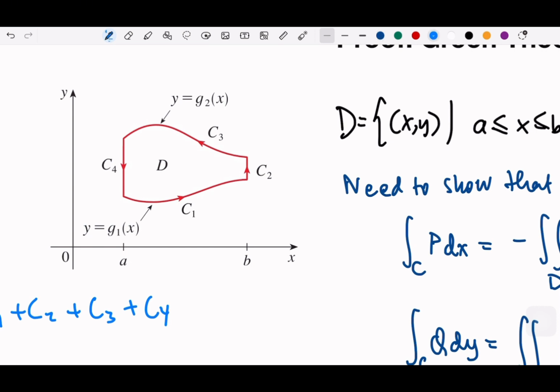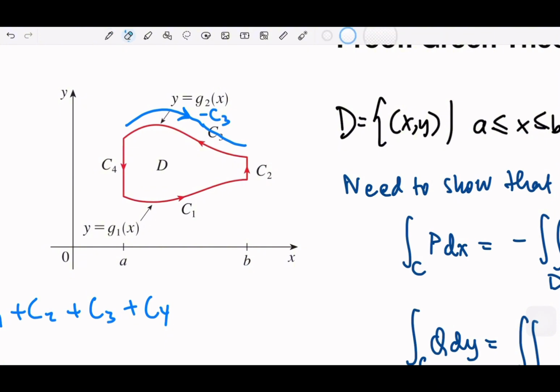If we imagine another C3 going from left to right, we call this negative C3, right? We can use this negative in our calculations to make it go from left to right for integration.